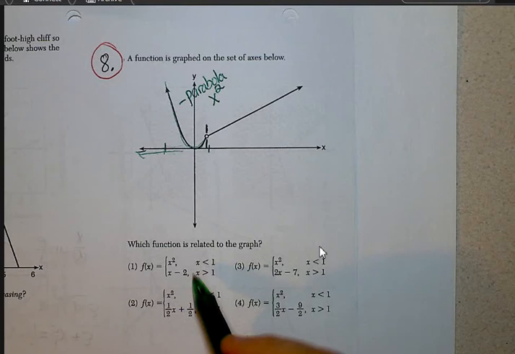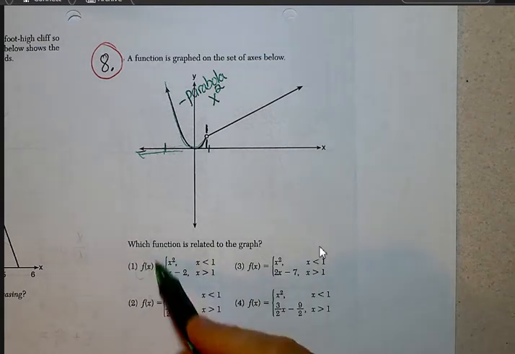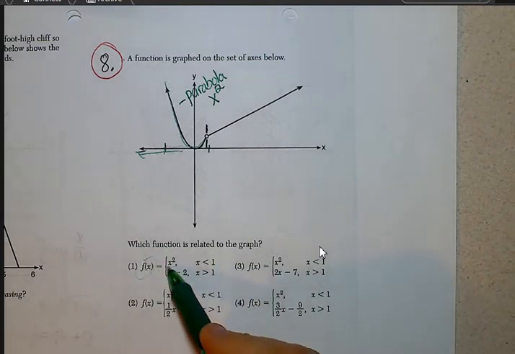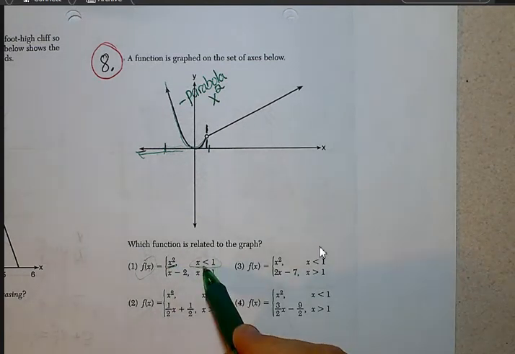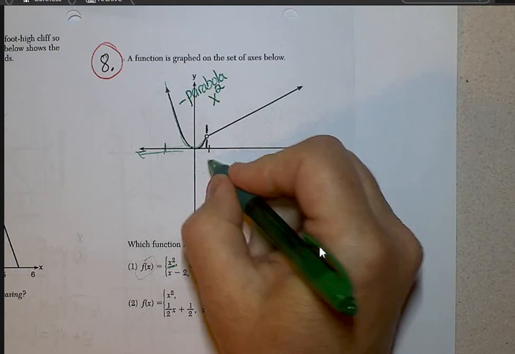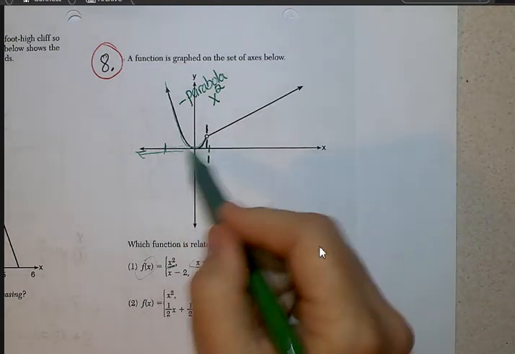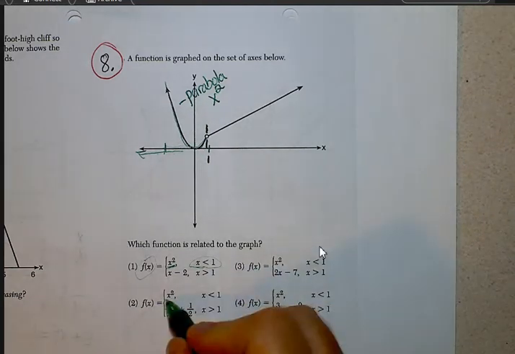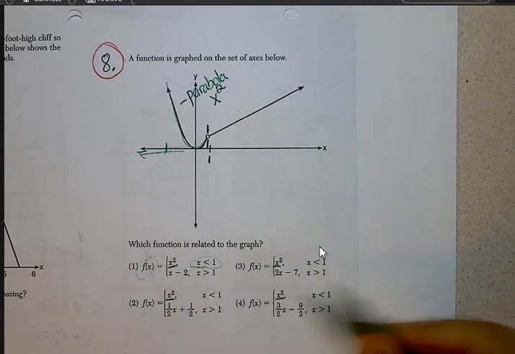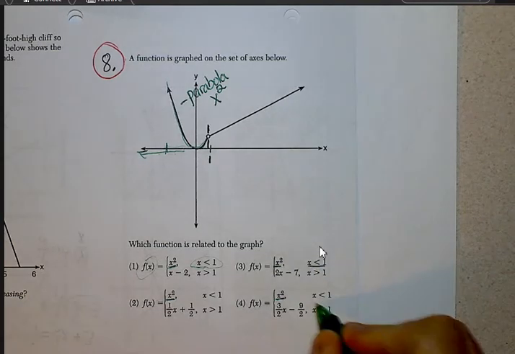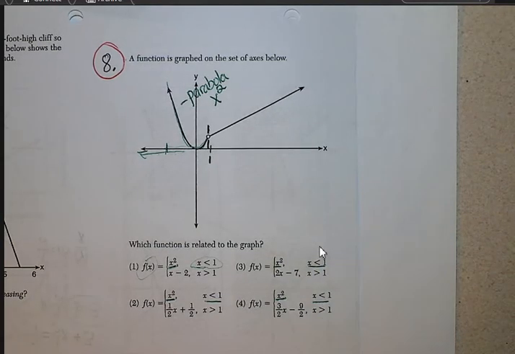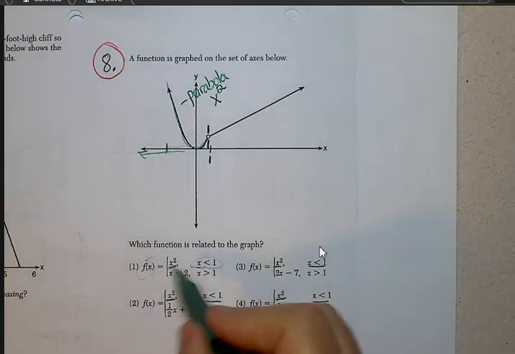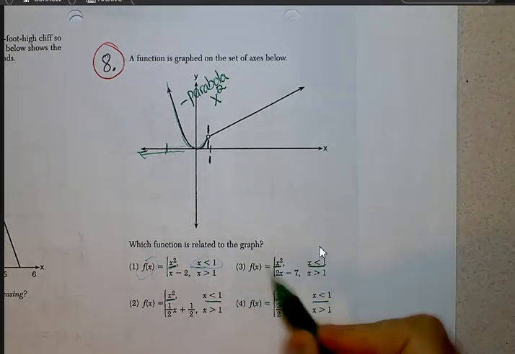If you read this carefully, f of x, which is your y, equals the graph of x squared when x is less than 1. So if this is 1, when x is less than 1, we take on this x squared function. And all of the functions that we see here have that same thing. When x is less than 1, we have x squared. So that whole first part is meaningless because every single one of the answers has that part.